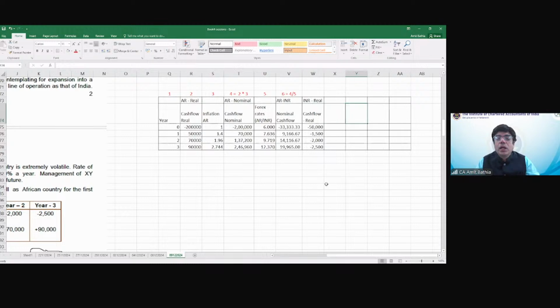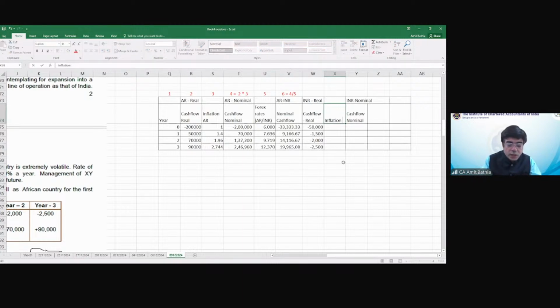I need to calculate what my INR nominal cash flows will be. I will need to incorporate the effect of inflation, but not divide, since it is the real value. I will essentially multiply it.